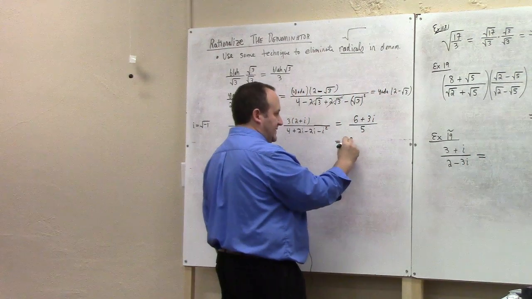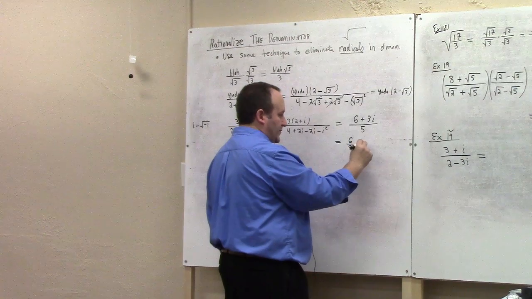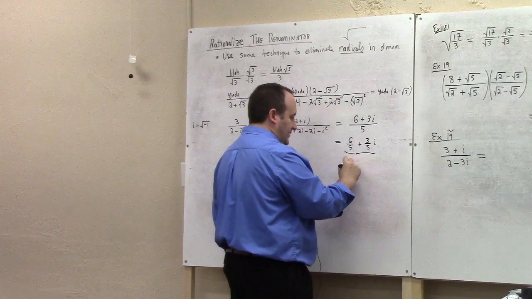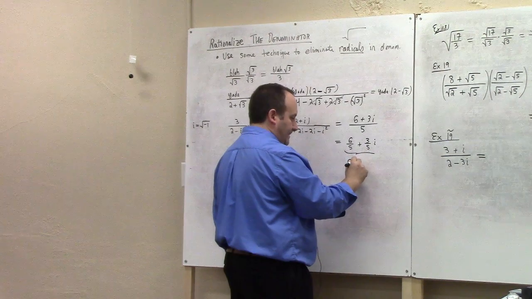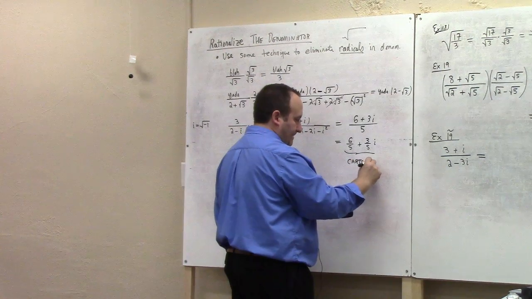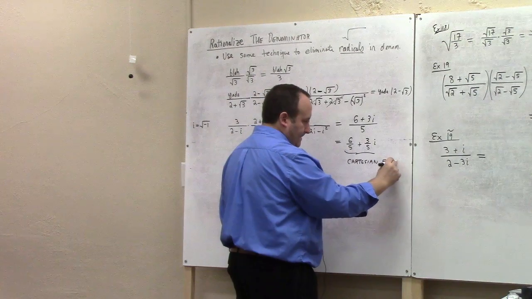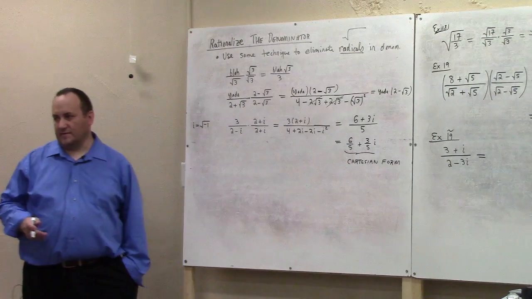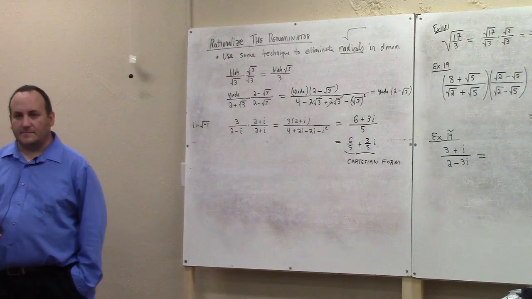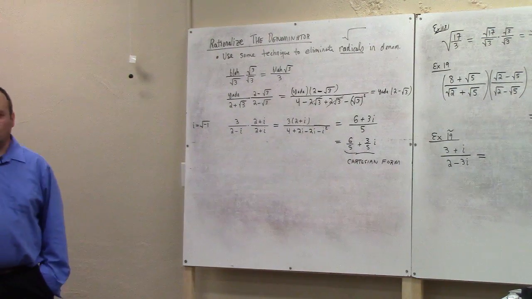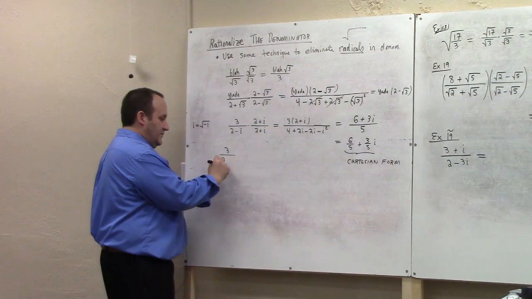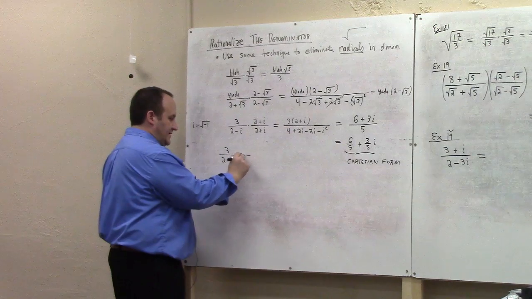If I rewrite this as 6/5 plus 3/5 i, this is the so-called Cartesian form. The Cartesian form of a complex number is like a plus bi. All right, 3 over 2 minus i is not Cartesian form.